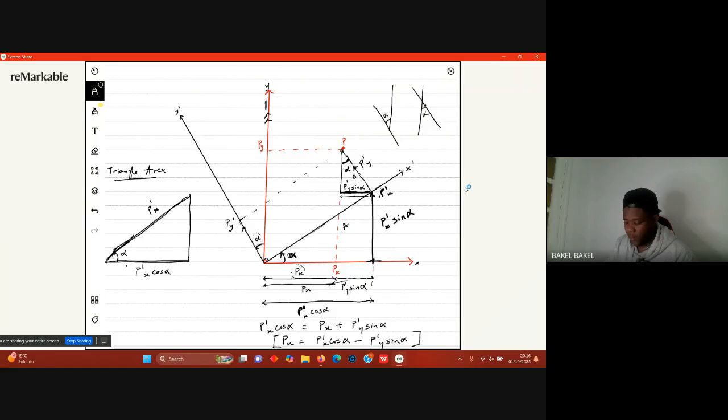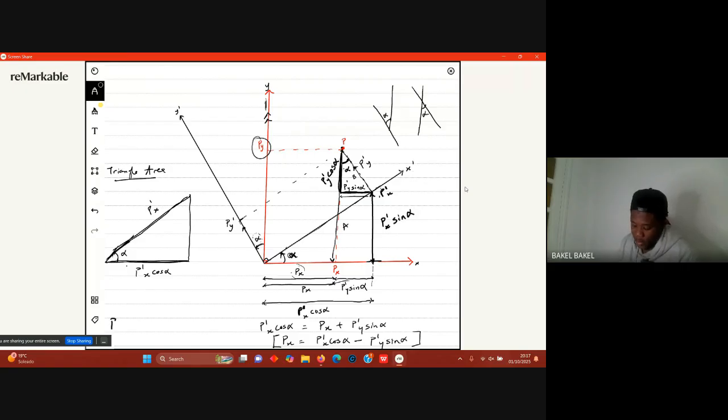And now we want to check for this point. That's this height. This height would now be Py prime cos alpha, meaning the overall height from this point down to the ground, which is Py, that overall height is Py.